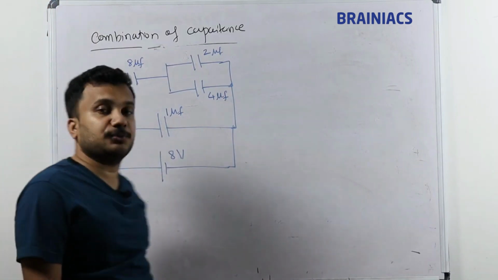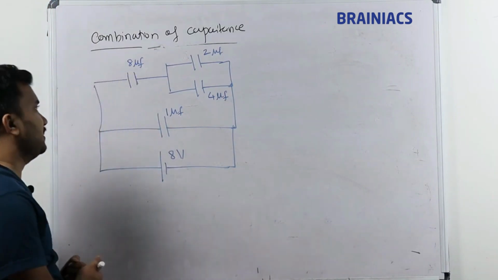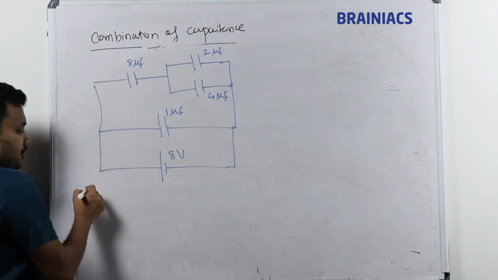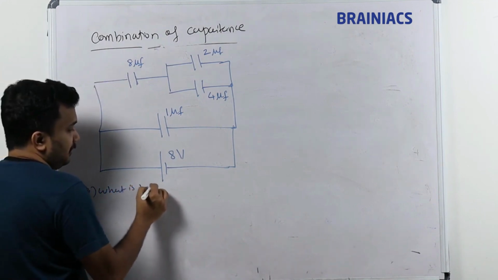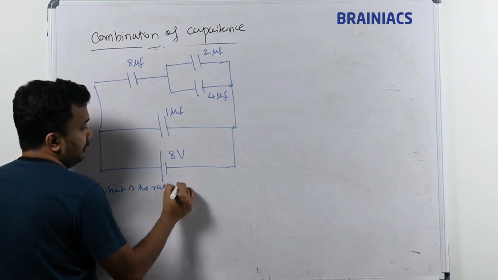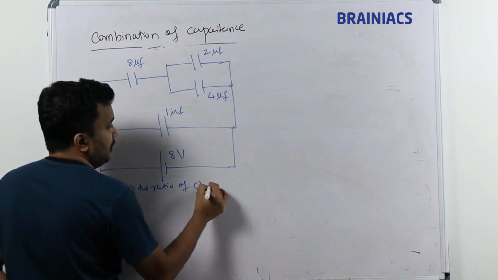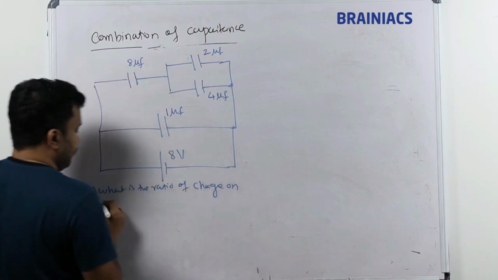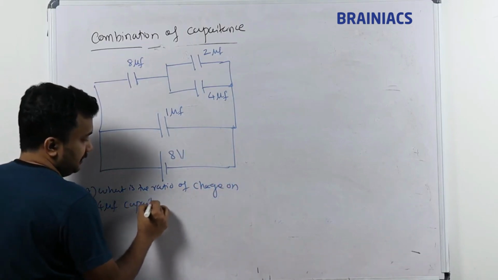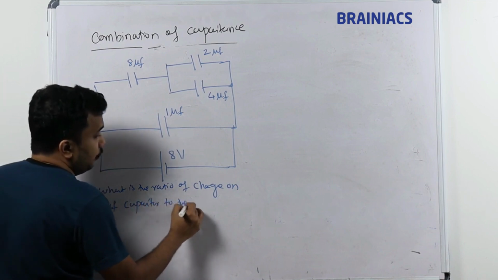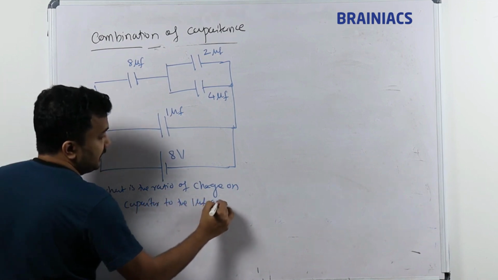This is a question for you. We need to find the answer. Only one question is placed here: what is the ratio of charge on the 4 microfarad capacitor to the 1 microfarad capacitor?